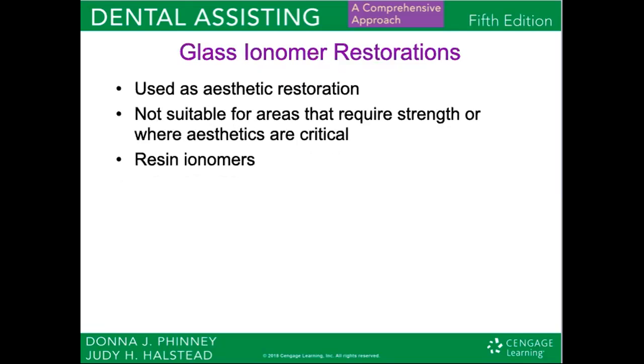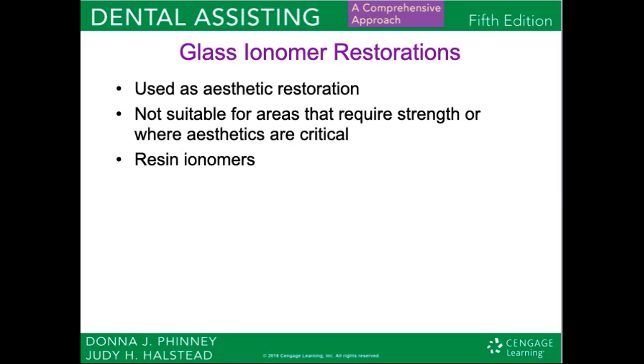Glass ionomers are used as an aesthetic restoration, and they're usually only used in areas of the mouth that are non-stress bearing. So they're not suitable for areas that require extra strength or where aesthetics are super critical. The resin ionomers bond well to the tooth surface.